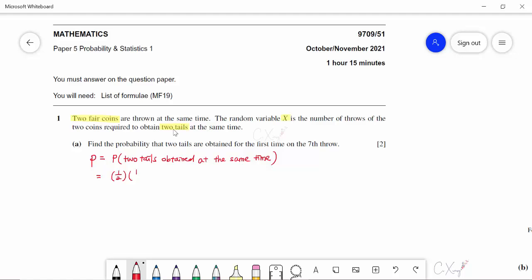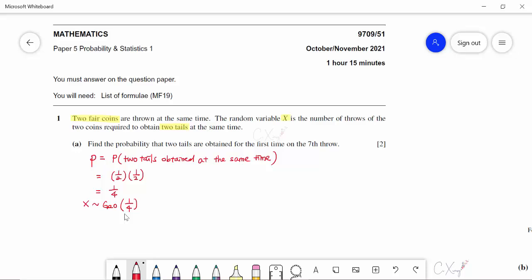So it will be 1 over 2 multiplied by 1 over 2, and therefore you get 1 over 4. Since X is geometrically distributed, you can write it as Geo, with the parameter inside the bracket being p. So p is 1 over 4, and you can fill in the 1 over 4 here.